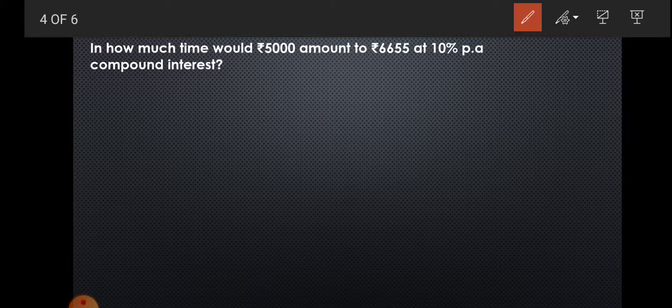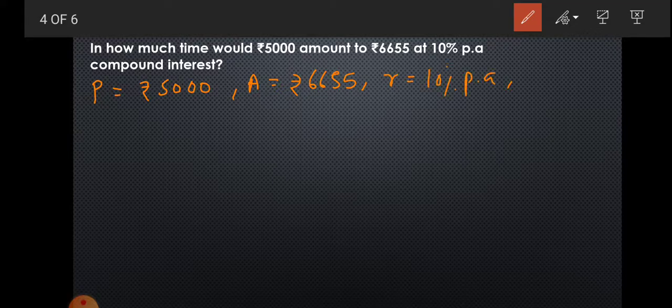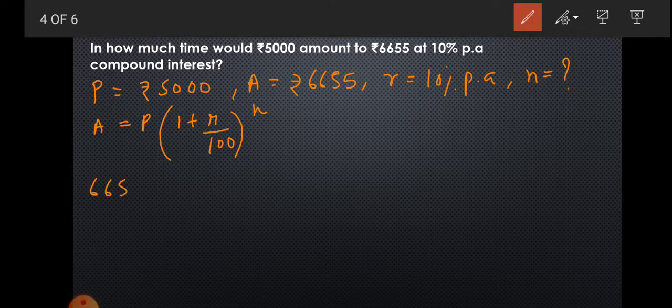Now here principal is rupees 5,000, amount is rupees 6,655, rate is 10% per annum. We need to find time. We know amount is equal to principal times 1 plus rate by 100 raised to the power n. Amount is 6,655 equals principal 5,000 times 1 plus rate 10%.